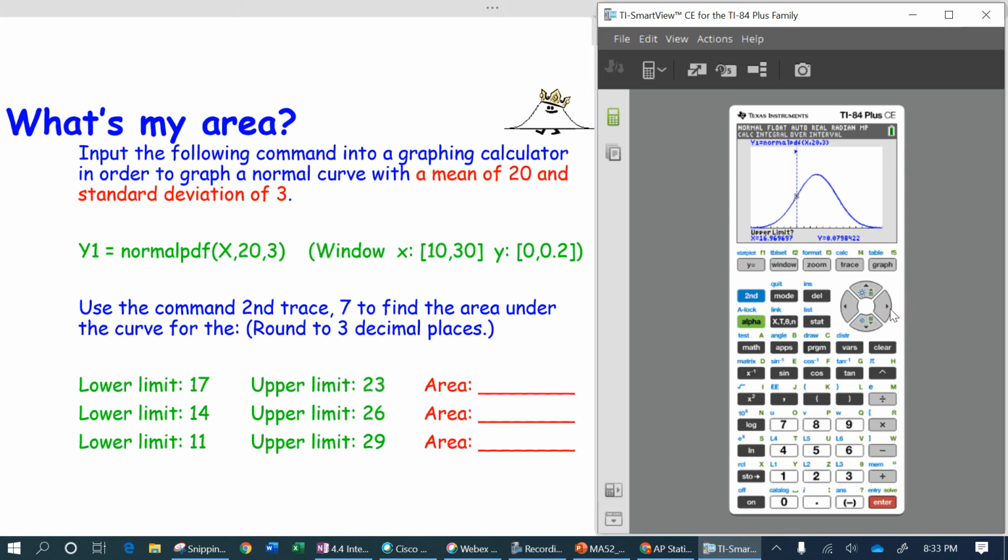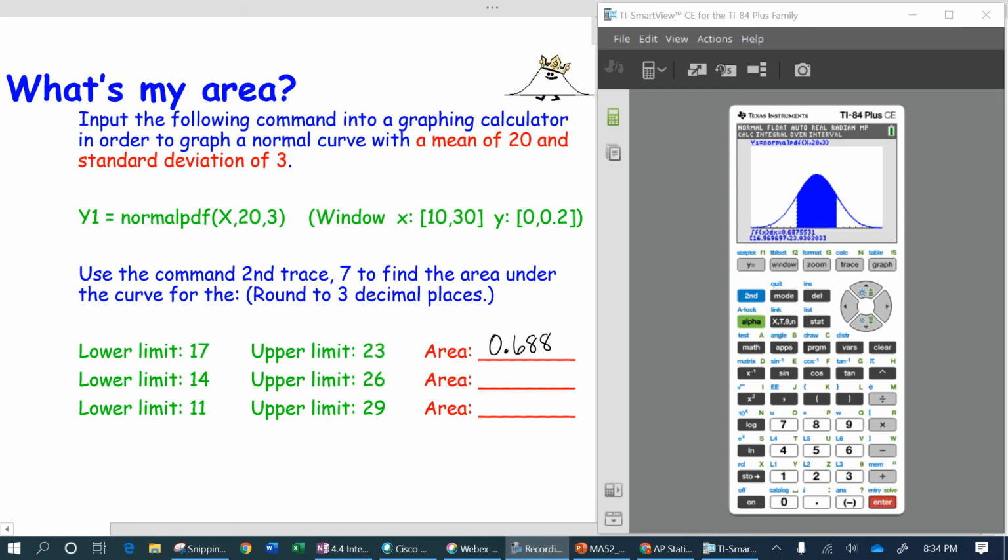Then we're going to arrow over to our upper bound of 23, and when we get there, we're going to hit enter. And it's going to tell us the area of our graph, which in this case is 0.68755531, and we're going to round that to 3 decimal places.